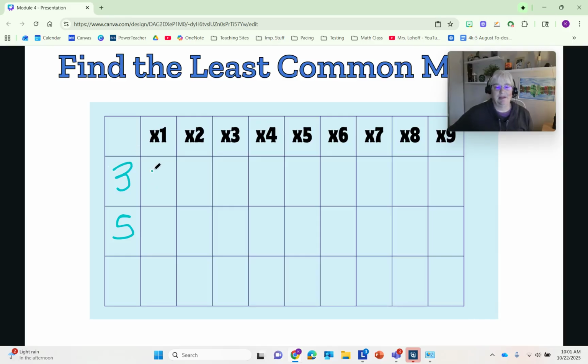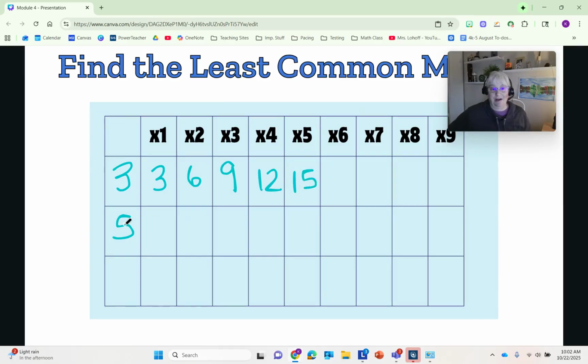3 times 1 is 3. 3 times 2 is 6. 3 times 3 is 9. As I'm writing these numbers down, I'm thinking in my head, will these also appear on the 5 chart? And so far, no. If I count by 5s, I wouldn't get 3, 6, or 9. 3 times 4, 12. 3 times 5, 15.